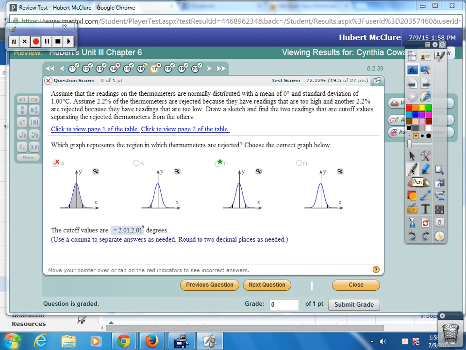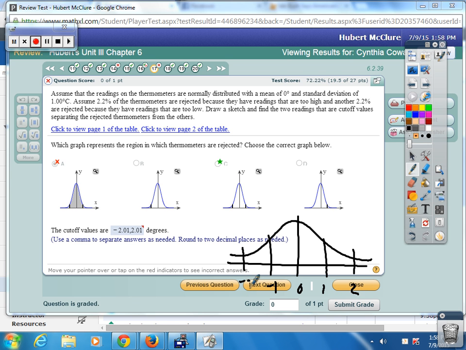Assume that the ratings of the thermometer are normally distributed. Again, we have zero, one, two, negative one, negative two. That takes care of all of that.